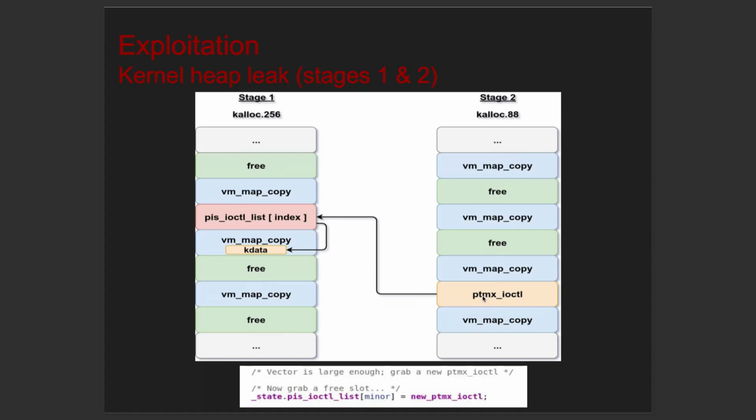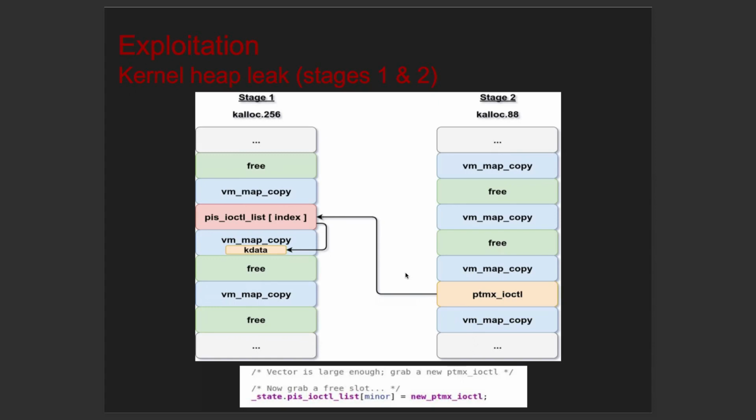So this is the new allocation that went here, and then it stores this address where the index tells it to store it. But remember that this is controlled. We control that. So what I do, I point this relatively to the neighboring VMAP copy struct at the kdata field, right? So in this kdata field of the VMAP copy struct, I have now this address.